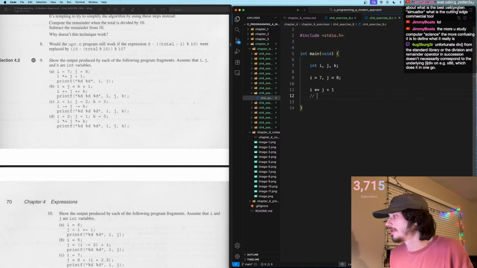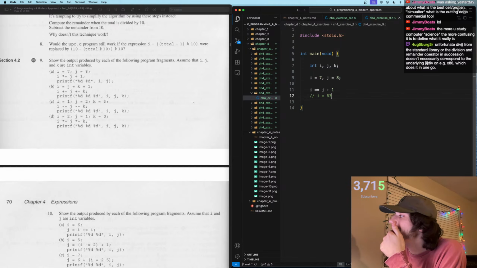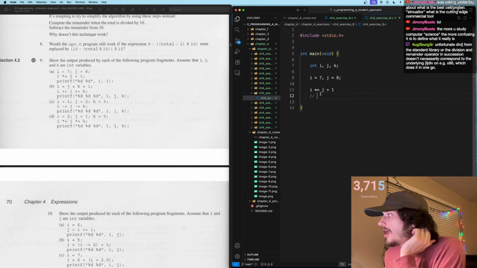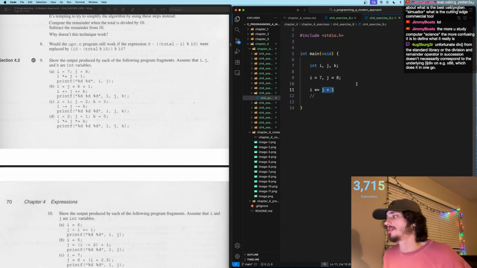Yeah, and that would set i equal to 63. And j would be 8. j would not be changed by an assignment here, right? We're just adding one to j in this, and then using that to update the value of i. We're not actually reassigning j.